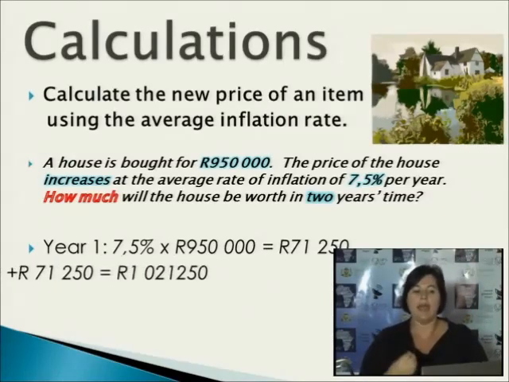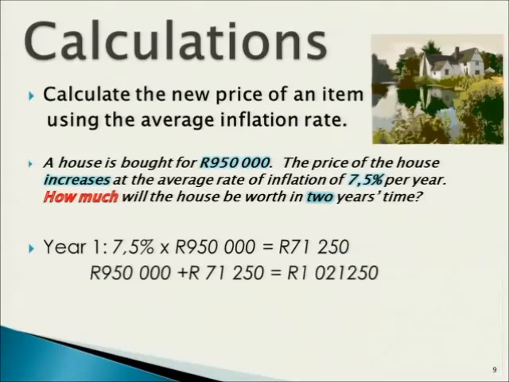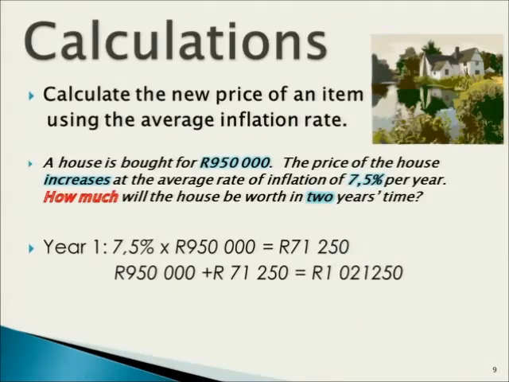Now I must add my increase to what it was originally. So with the first year's inflation rate, that house of 950,000 is already worth over R1 million. That's only 1 year. Then I have to repeat the same with the second year.